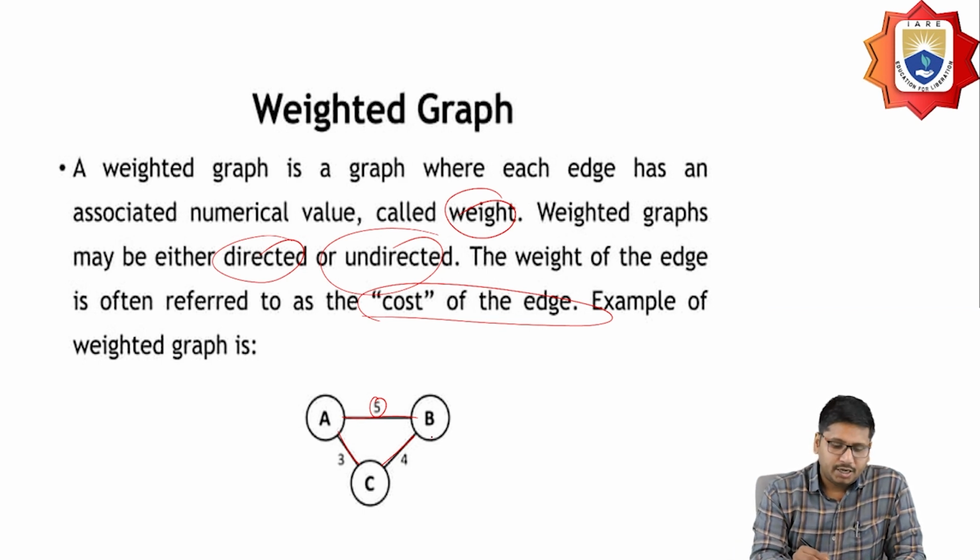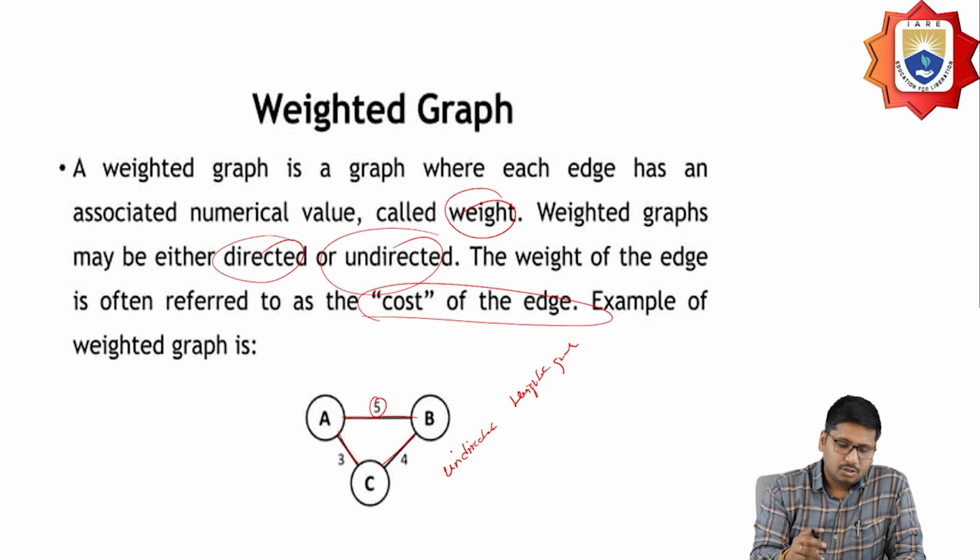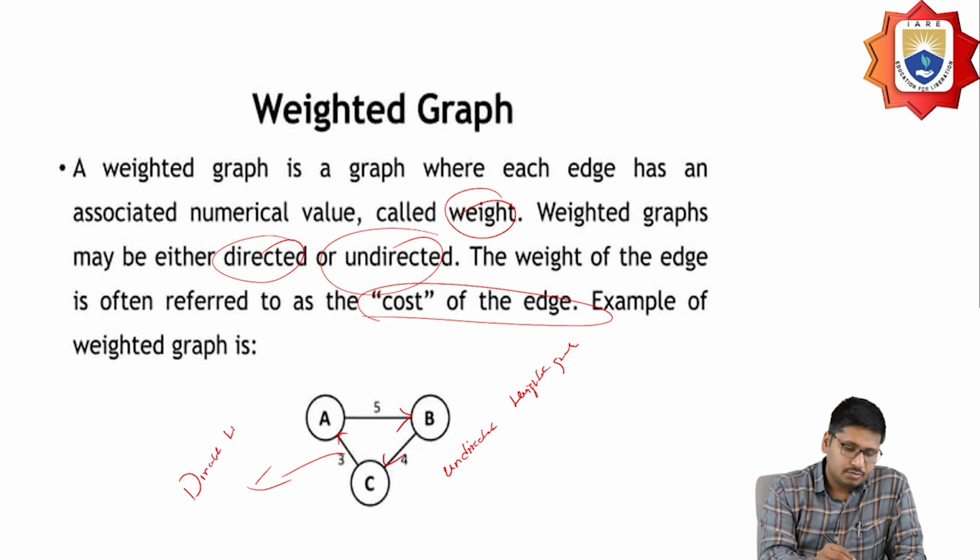So this is the undirected weighted graph, and similarly, if I consider arrows, it is considered as the directed weighted graph.